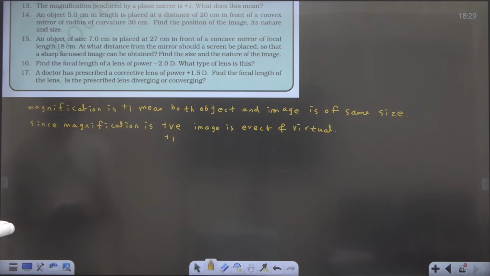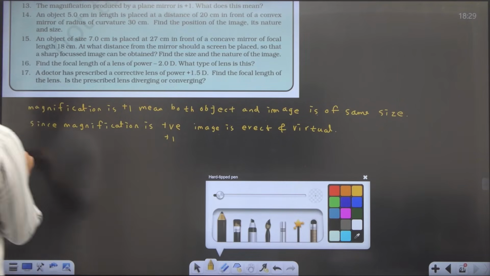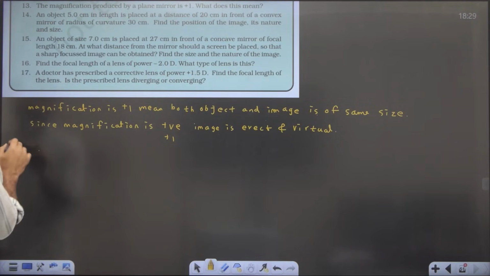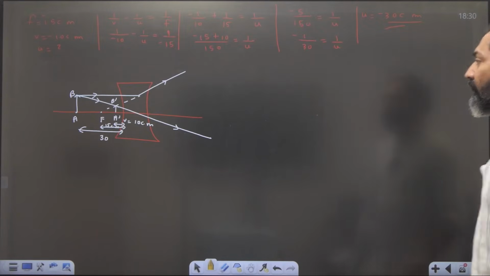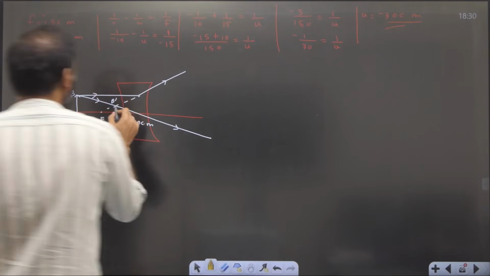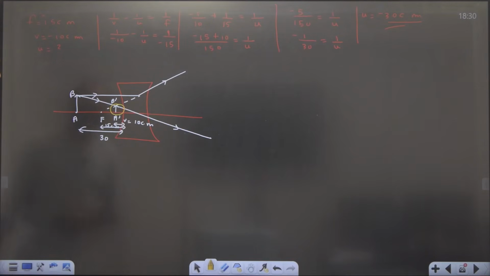Next, an object 5 cm in length is placed at a distance of 20 cm in front of a convex mirror. 14th question. I think I made a mistake earlier. Here it is virtual. I said real, I think.